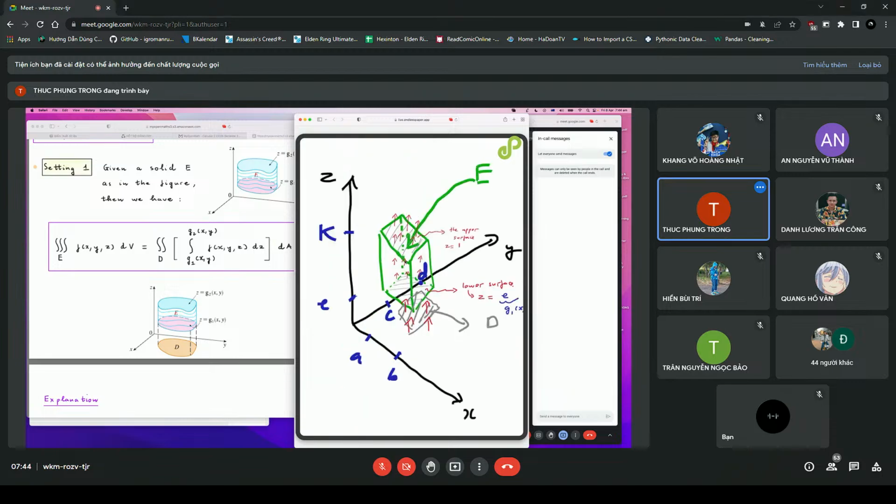So the upper surface is the plane z equals k. We need an equation in the form z equals something of x, y, and in our simple example that something is exactly the constant k. So k right here is exactly the function z2 of x, y.